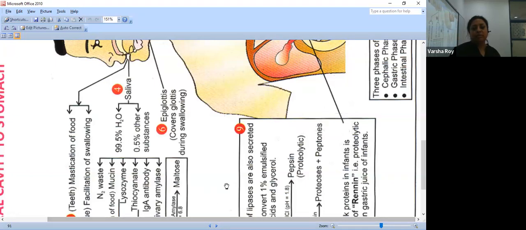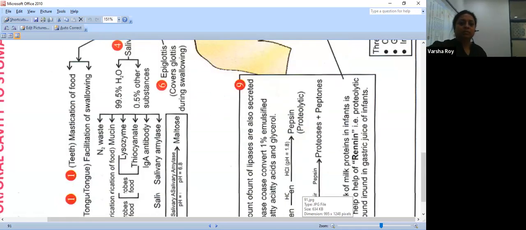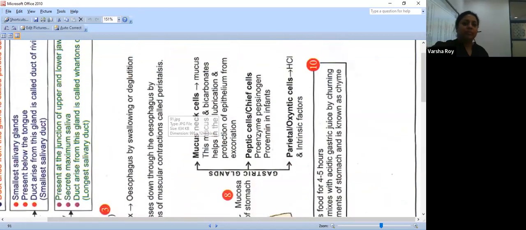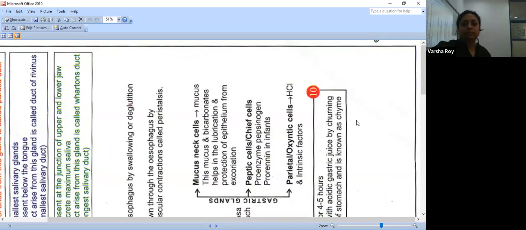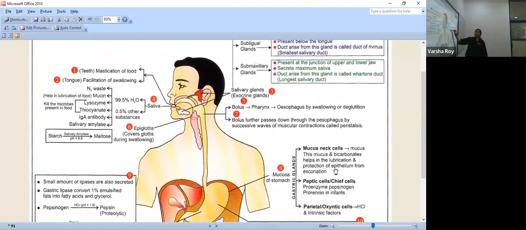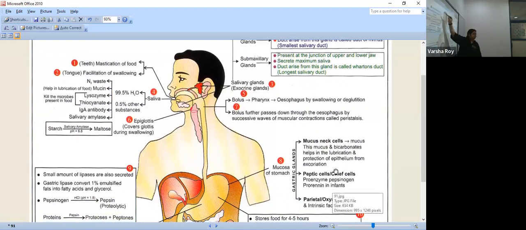इसको रोटेट करना पड़ेगा. Yes. So what happens now? First of all, the teeth is mastication of food में help कर रहा है. Chewing, physical digestion होगा.